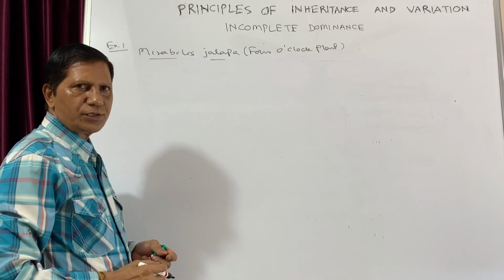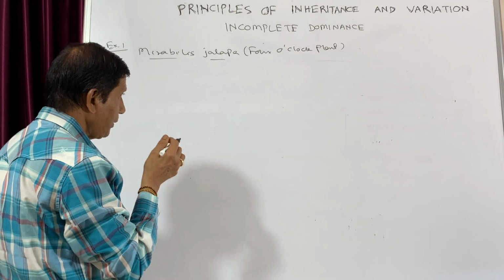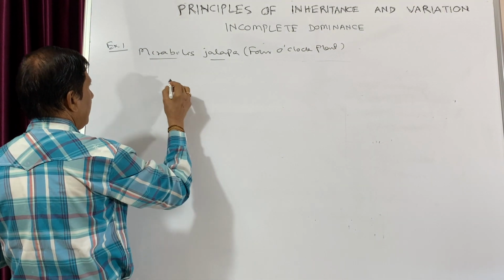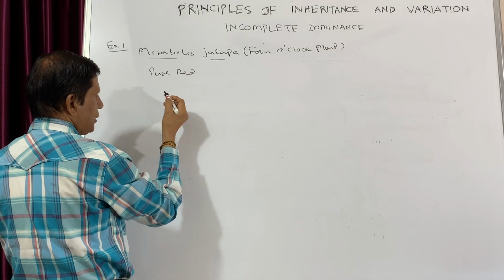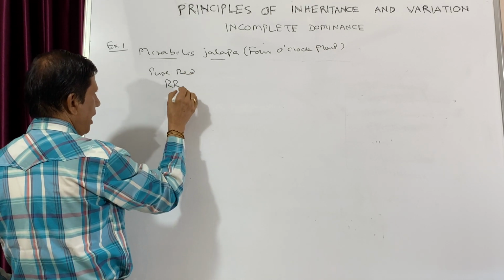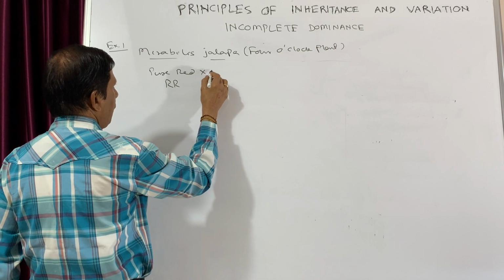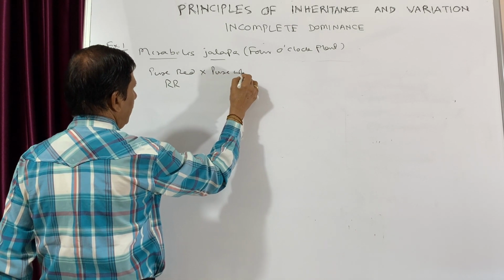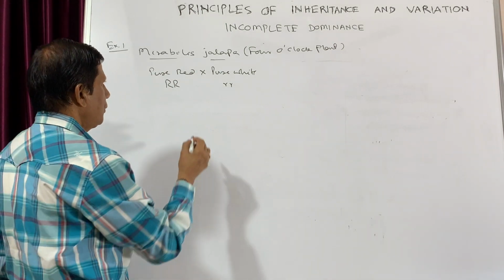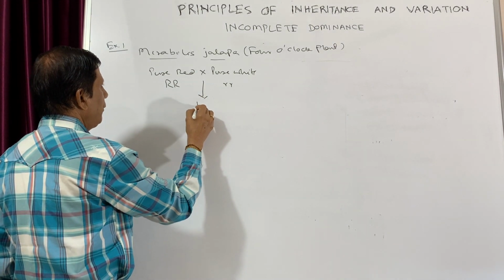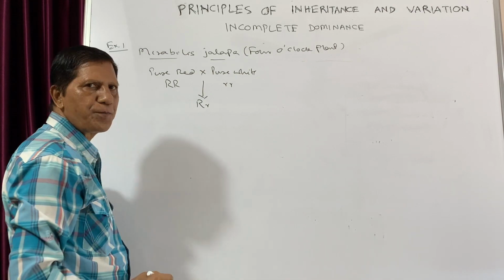Now in this case, a cross was made between pure red, whose genotype is RR, and pure white, which is rr. So naturally, the F1 hybrid will be capital R, small r.